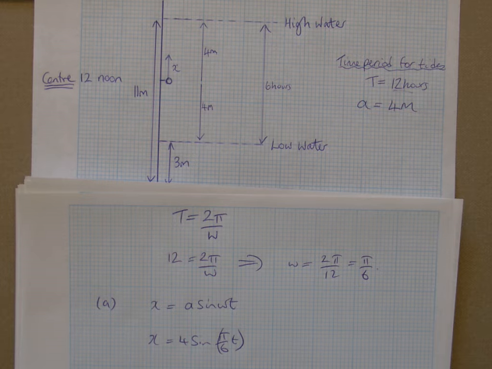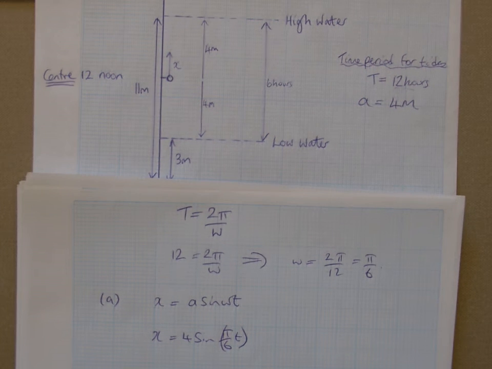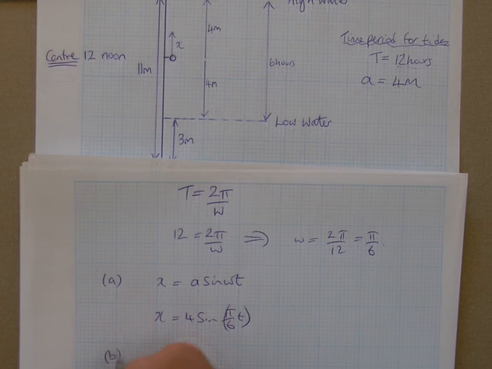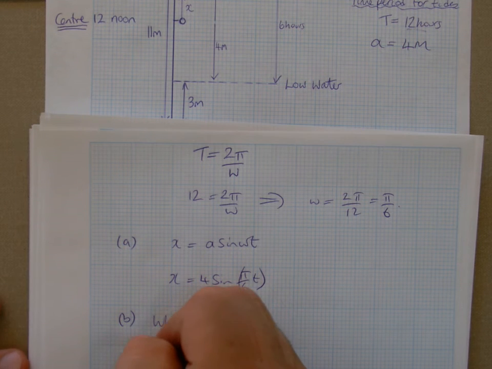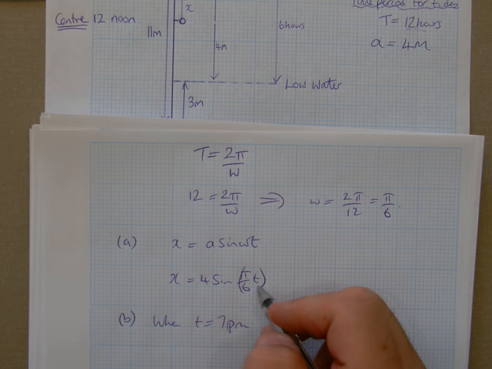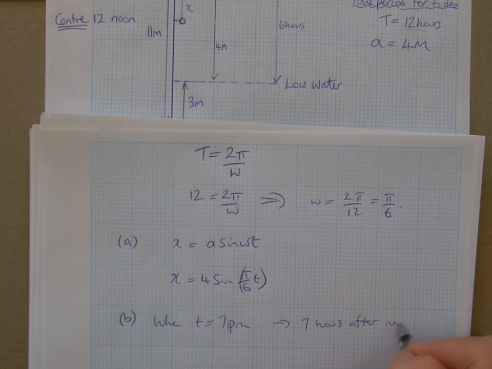Part B says find the depth of the water in the harbour at 7 p.m. So at 7 p.m., what's the depth of the water? All you've got to do is substitute t to be 7, because this is 7 hours after noon, quite simply.